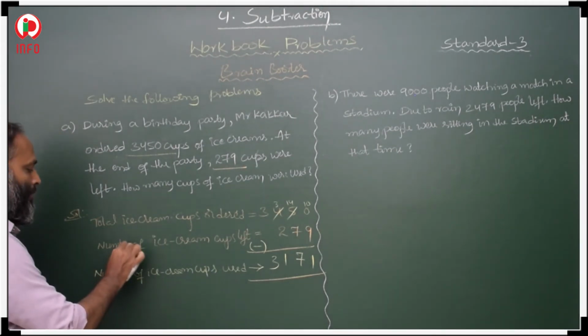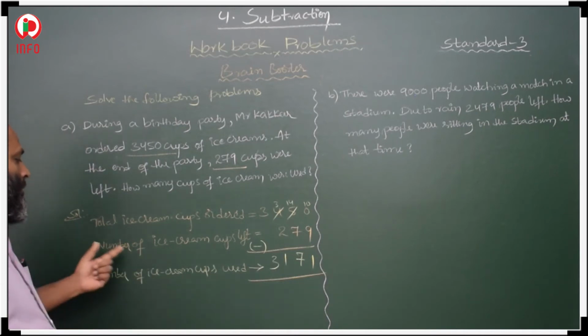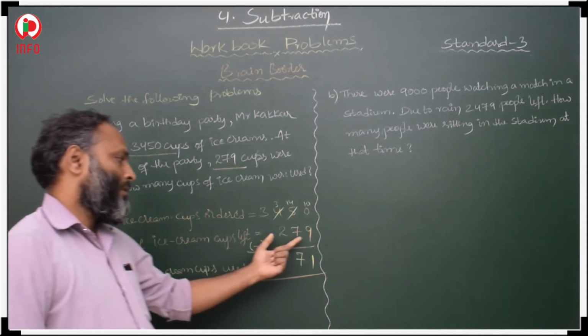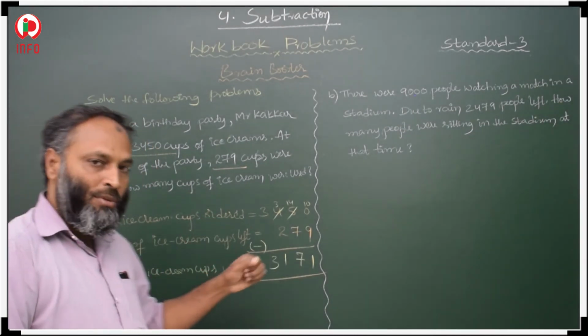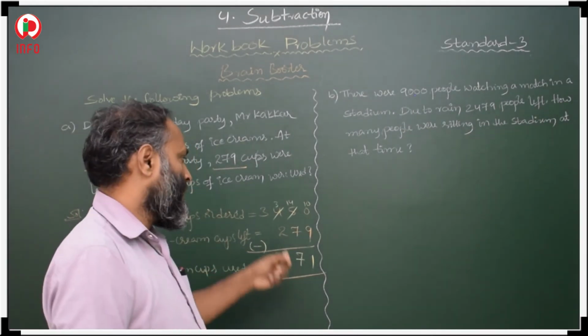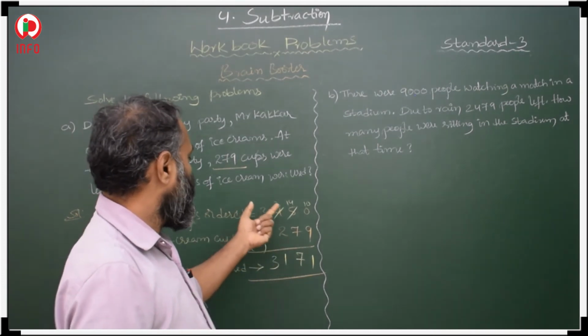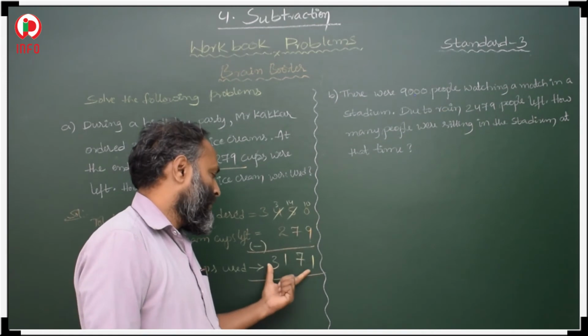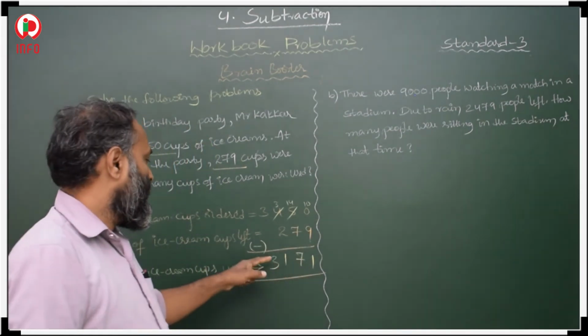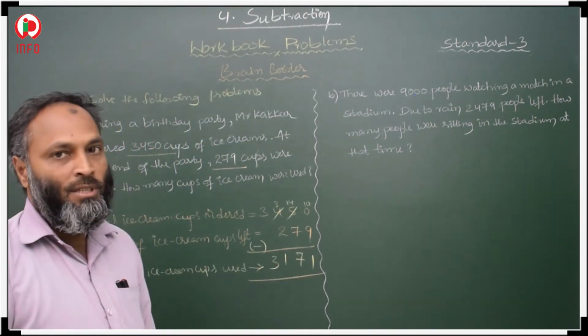Here, number of ice cream cups left, how many? 279 cups were left. In this, how many cups used he is asking. So that means we have to do minus from total number of cups and cups left. Then we will get number of ice cream cups used in the party.